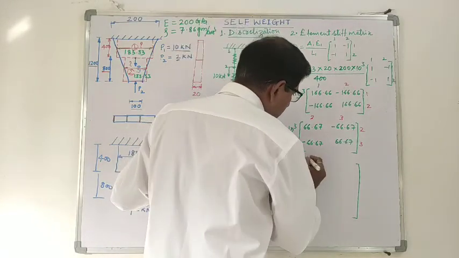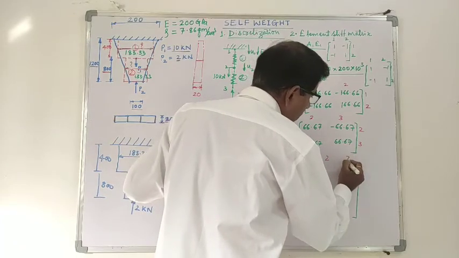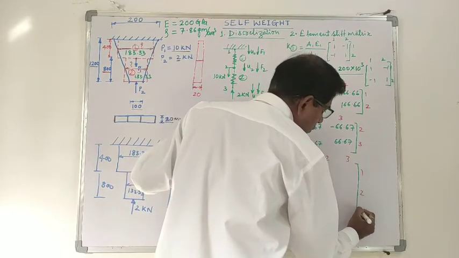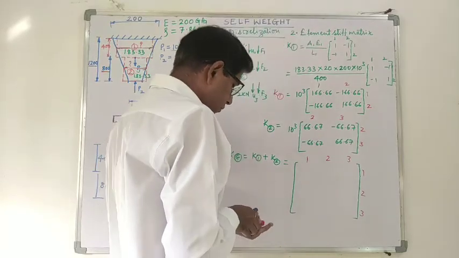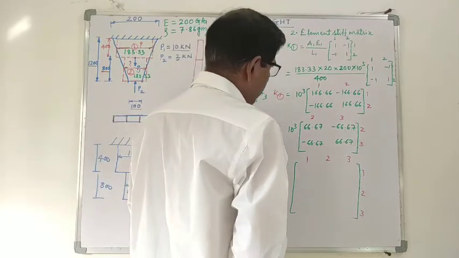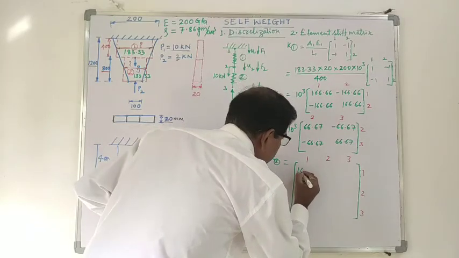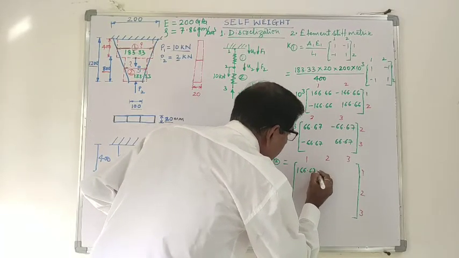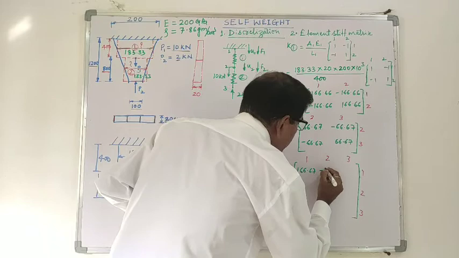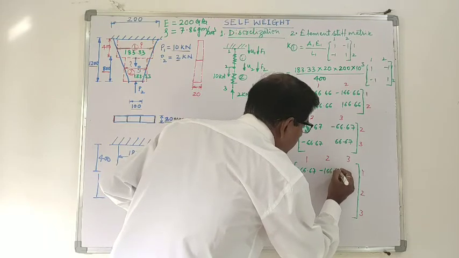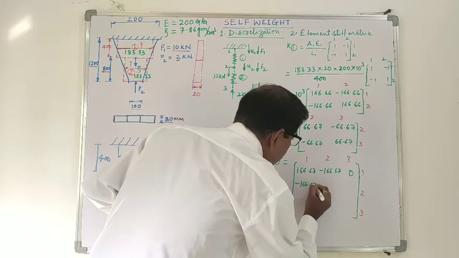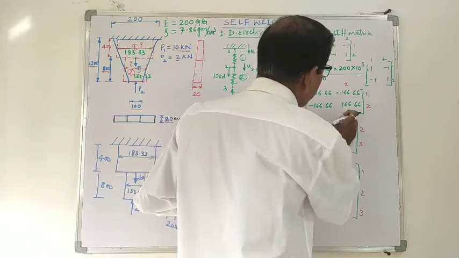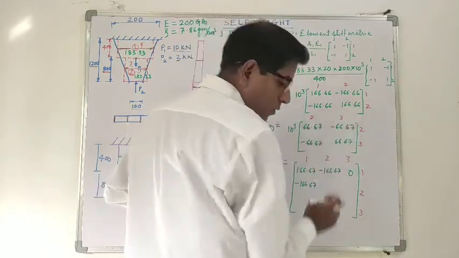This is for node number 1 2 3 1 2 3, and the values are 166.67 minus 166.67 0 minus 166.67, and here will be addition of the two values.